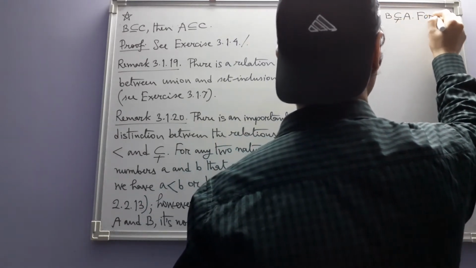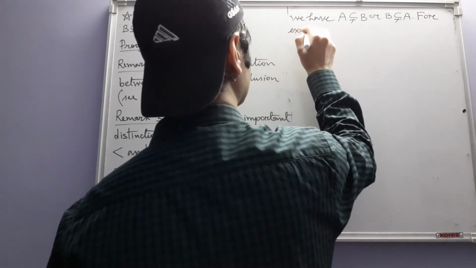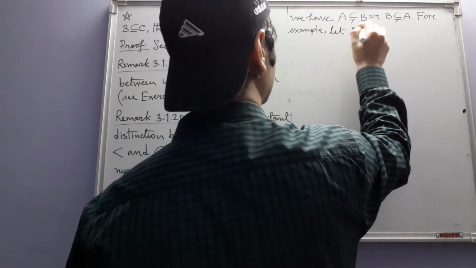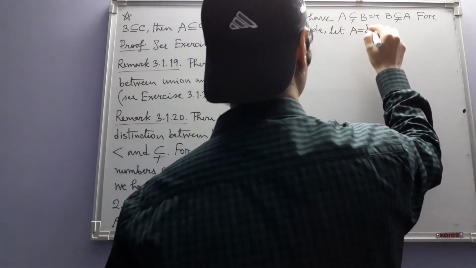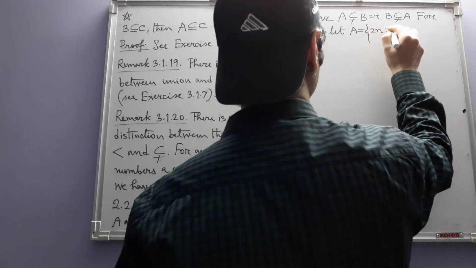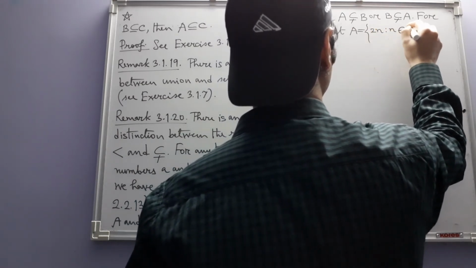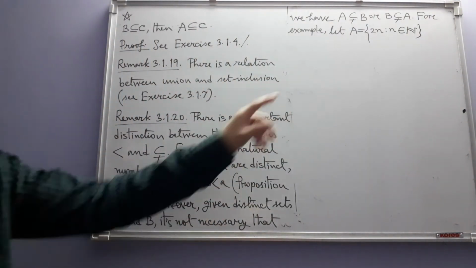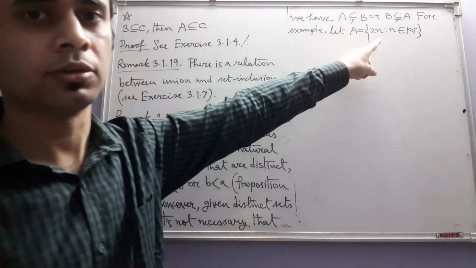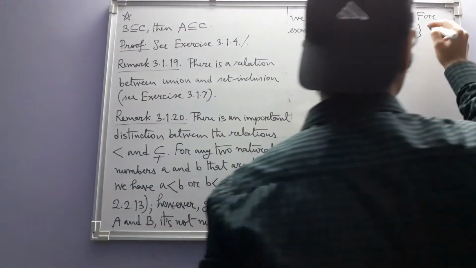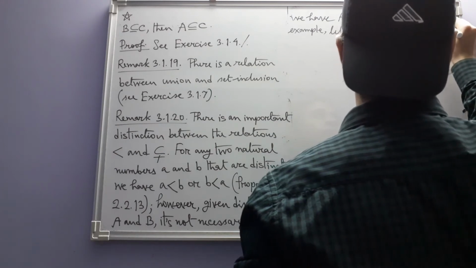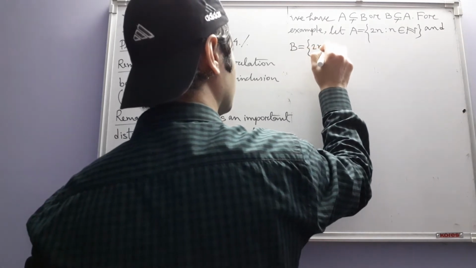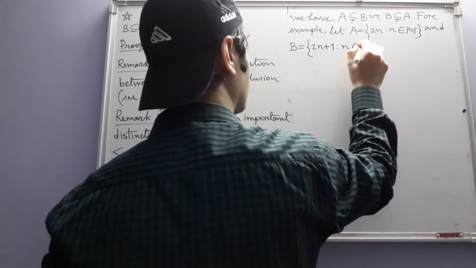For example, let A be the set of all even natural numbers, natural numbers which look like 2 times some other natural number, and B to be the set of all odd natural numbers.